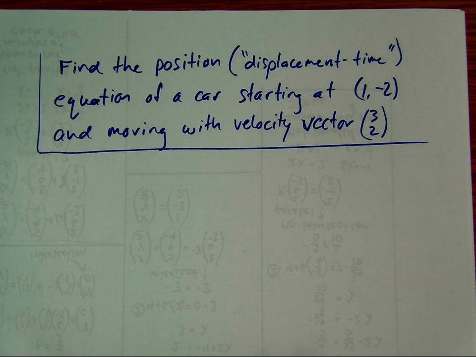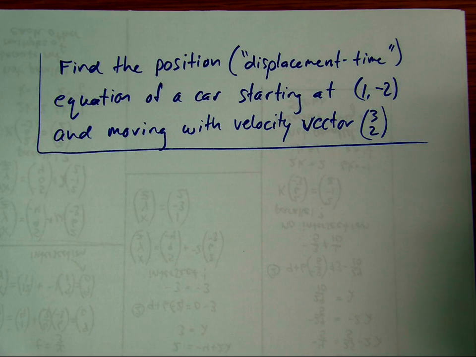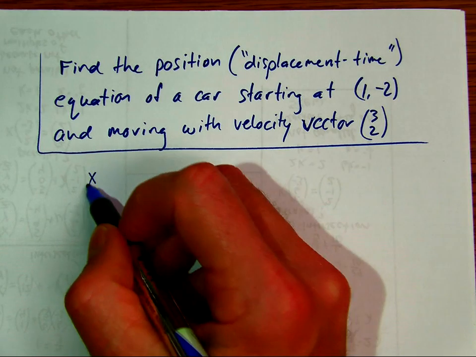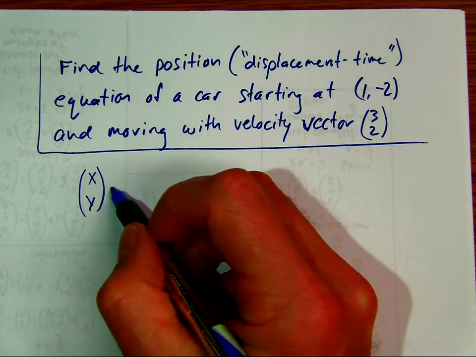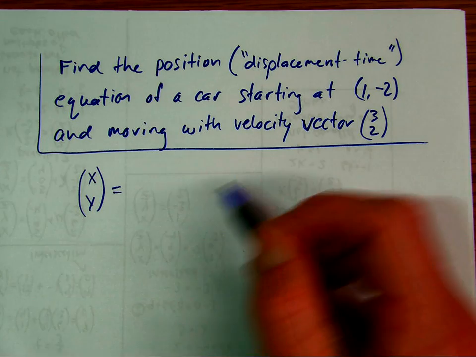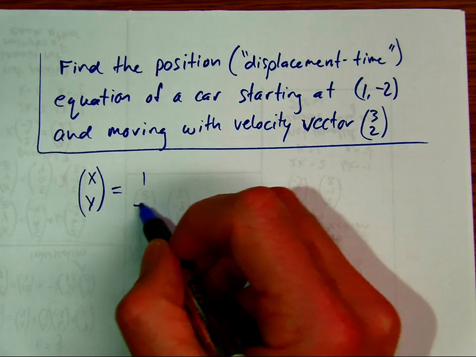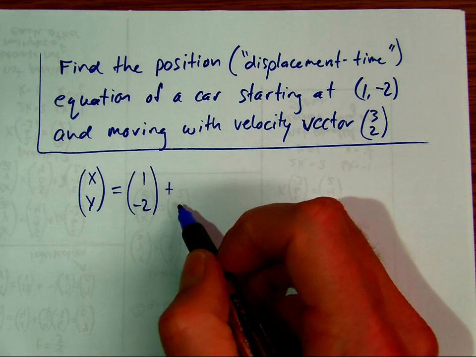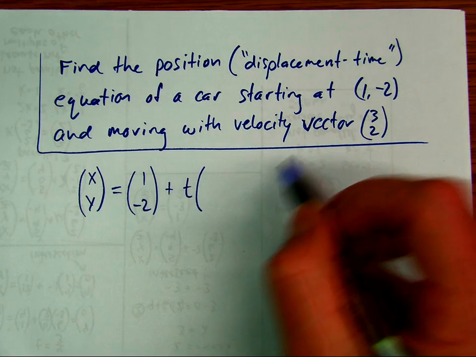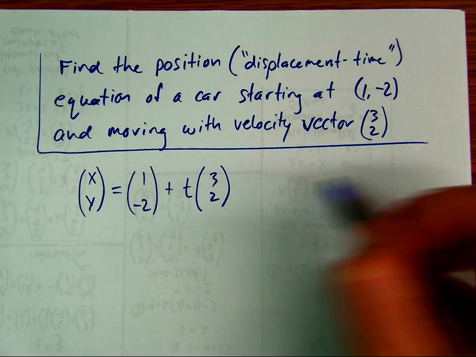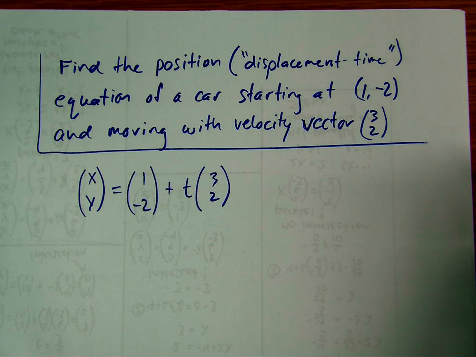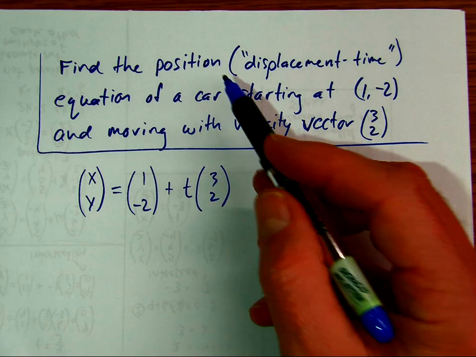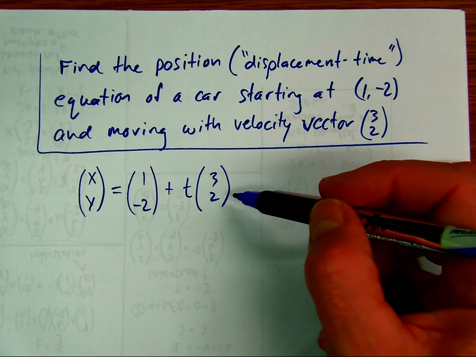All right. So we want any location of the car is going to be its starting location, that's a position vector, plus a multiple of the velocity vector. And we're done because it said find the position equation, and there it is.